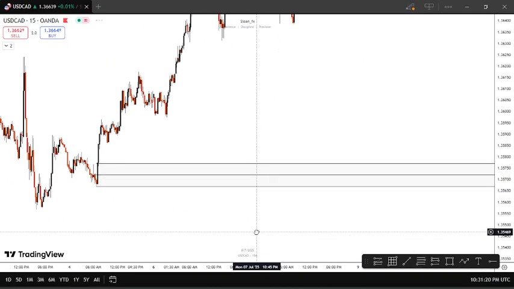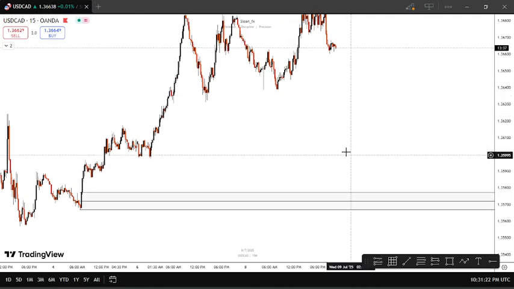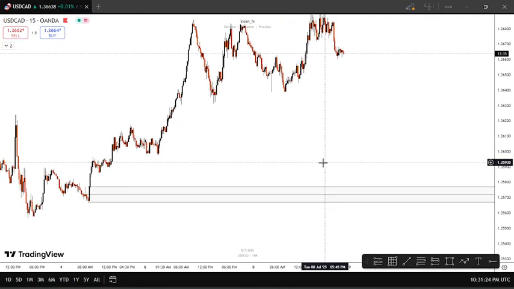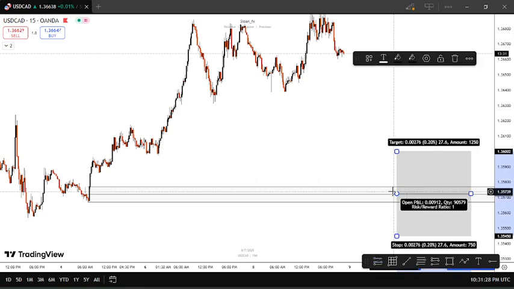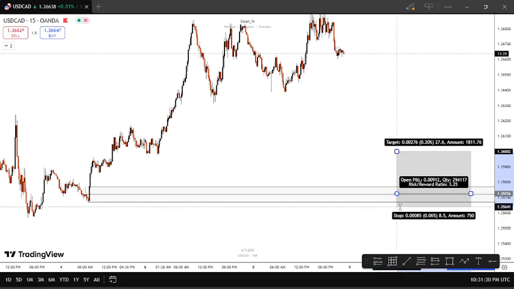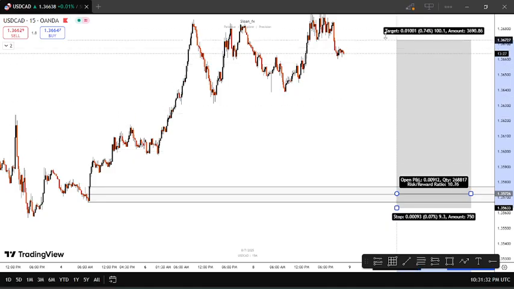And then we can target our take profits and our stop loss, basically setting the stop loss below here and take profits right above.